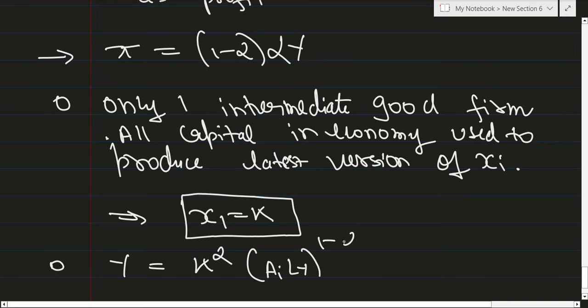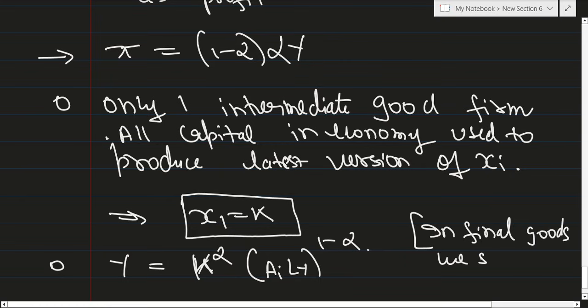You can also spot the distinction or the similarities: in the final goods sector we solved with the production function y equals Ly to the power 1 minus alpha xi to the power alpha ai to the power 1 minus alpha, which is basically referring to this only because xi equals K.